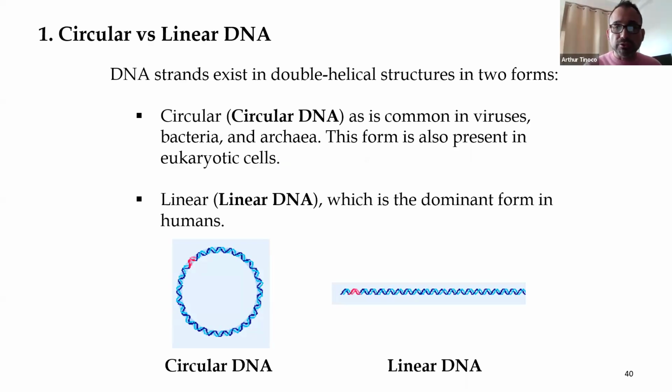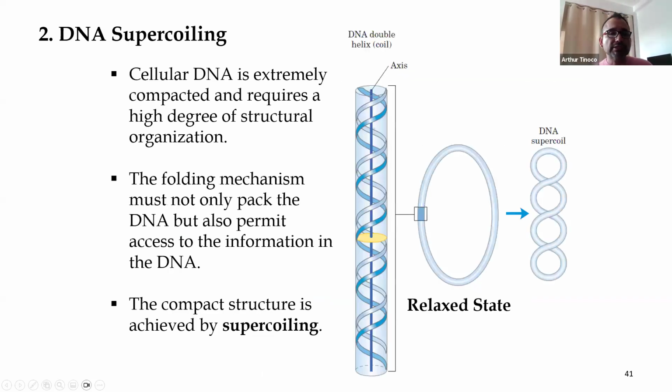So you can either have circular, as is common in viruses, bacteria, and archaea. This form is also present in eukaryotic cells, or you can have the linear form, which is the dominant form in humans. Okay, so here's a depiction of circular DNA, and to the right, the linear DNA. But as part of this, you can have the DNA strand itself become a supercoil.